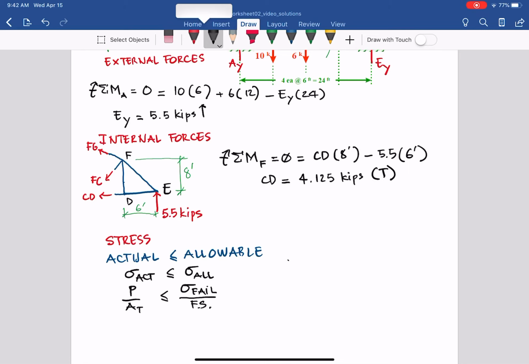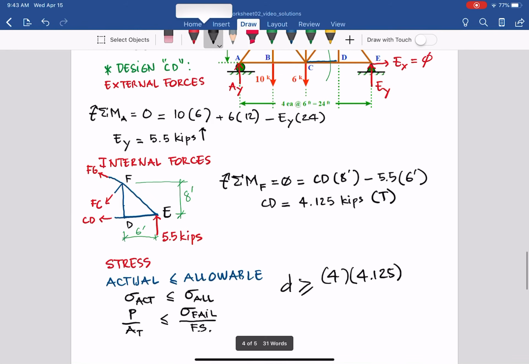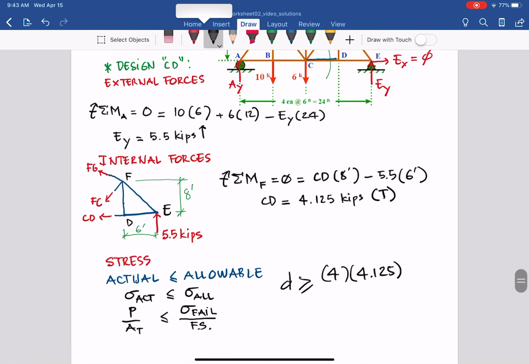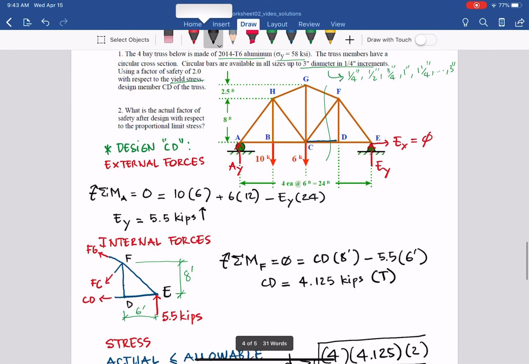So from that, similar to the first two problems for today's class, we can find out d greater than or equal to the square root of 4 times the load, 4.125, times the factor of safety 2, divided by pi times sigma fail, which is 58. That is because the area is pi d squared over 4, you recall, right? Where does that come from?